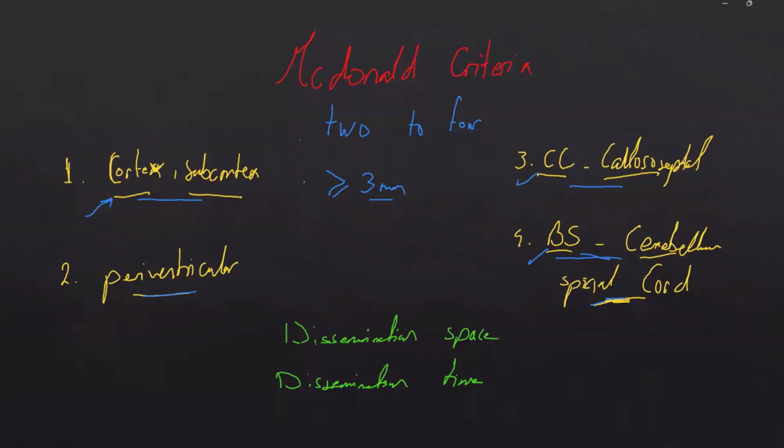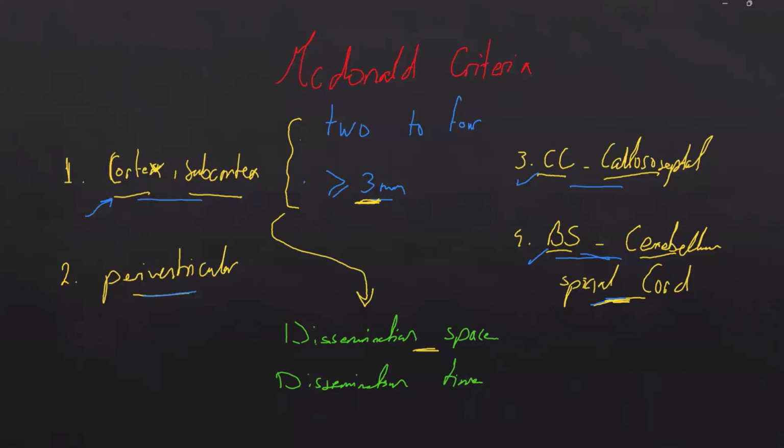To suggest multiple sclerosis, you should have involvement of at least 2 out of these 4 main locations. In each location, you should have at least 1 lesion that measures about 3 millimeters or more in maximum dimension. So according to the locations, we have these main criteria, and this one is called dissemination in space.